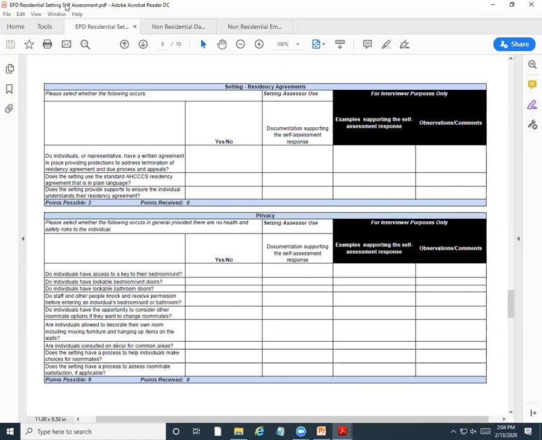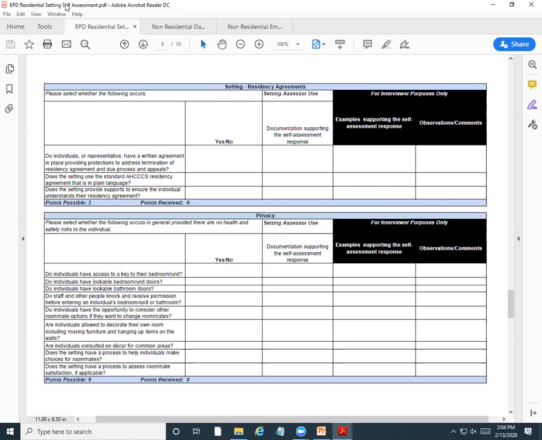And we don't expect settings to redecorate every time there's a new member. This is just if a setting were happening to go through a redecoration process for a living room or something, would those members who actually live there be consulted on some of that decor?